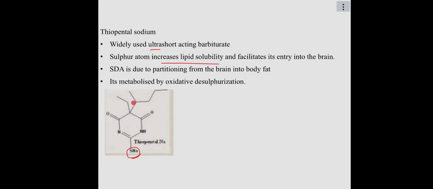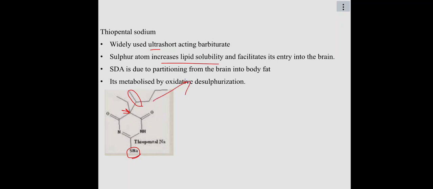And I believe you also learned that branching further increases lipid solubility, and branching nearer the carbon 5 increases lipid solubility even further than when it is further on the outside.